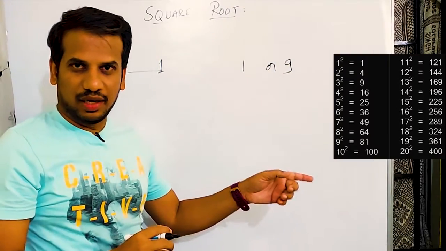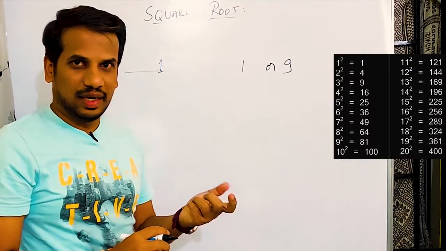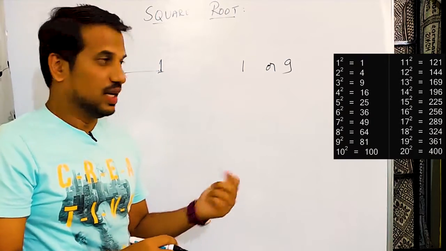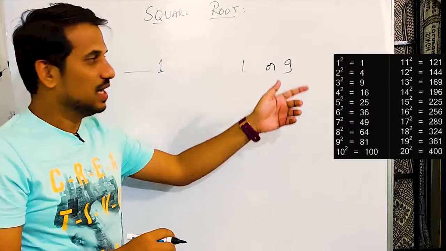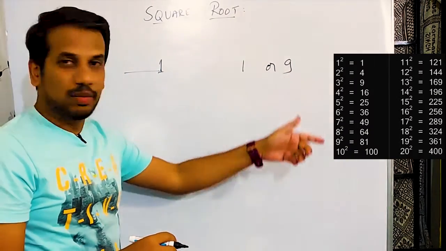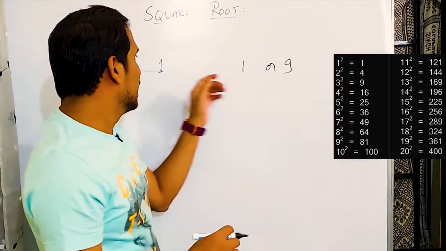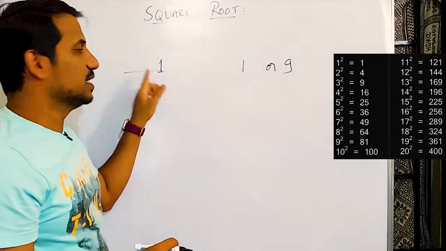If you see in that table, what is the square of 1? 1. What is the square of 9? 81. Now just observe 11, that is 121, and 19. In all those four numbers, the answer's unit digit is 1.